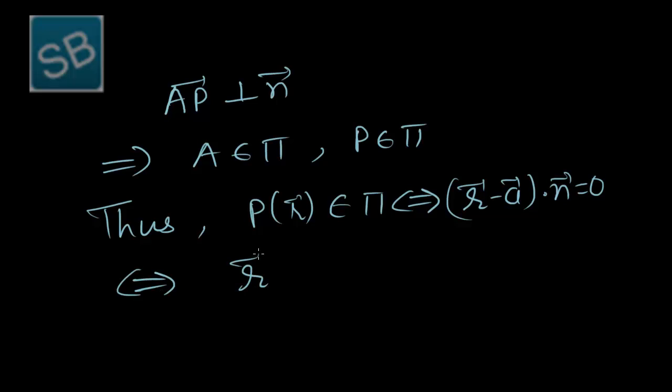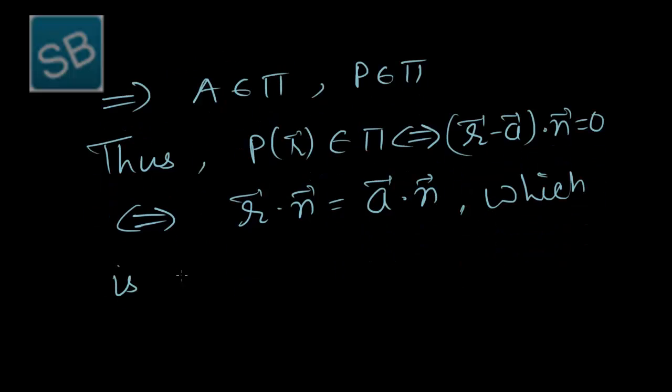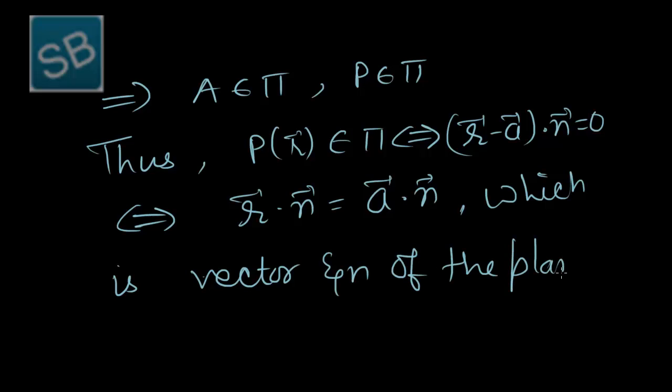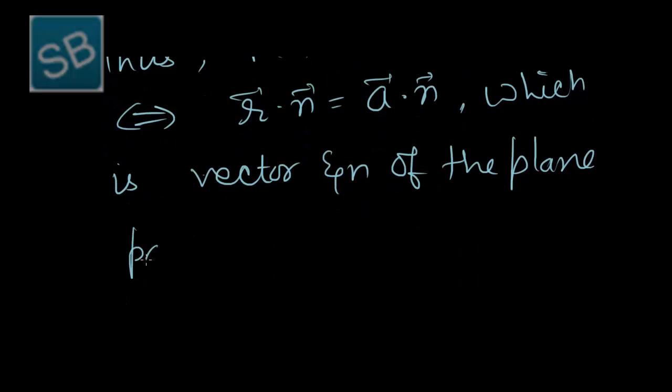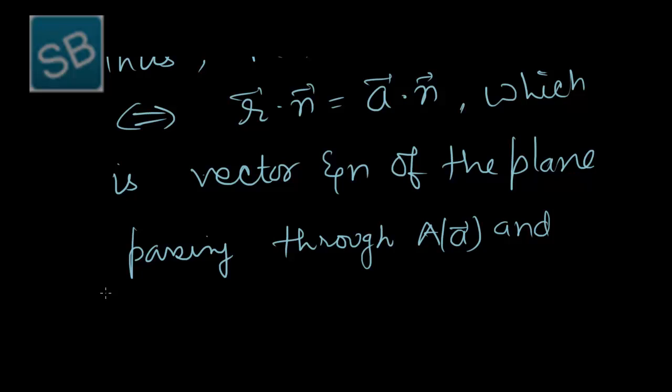That implies r dot n is equal to vector a dot n, which is the vector equation of the plane passing through point A and normal n.